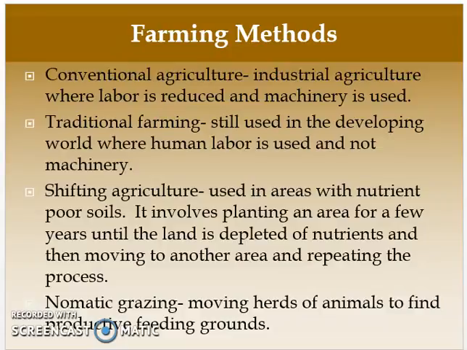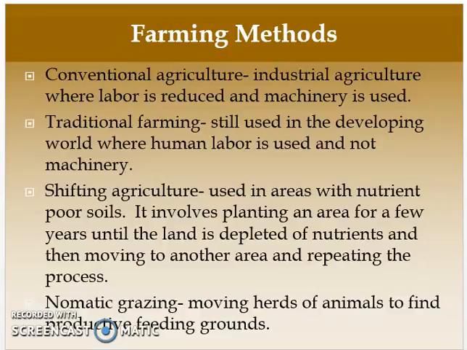Nomadic grazing. We see this a lot way back when, in nomadic herds or groups. In Africa, there's still some nomads. Maasai are nomads. They basically move their animals, and as they migrate, they move their animals prior to them completely destroying an area.